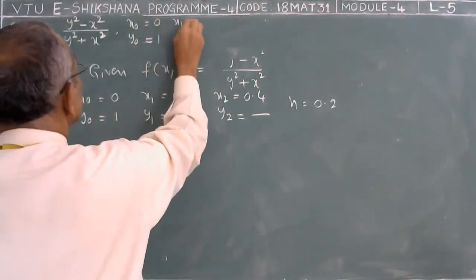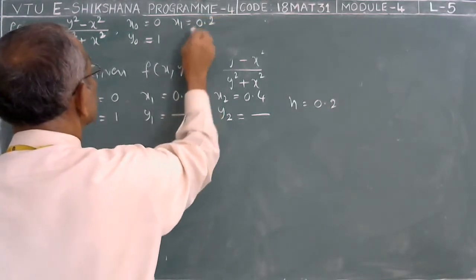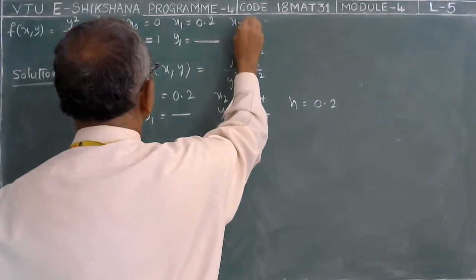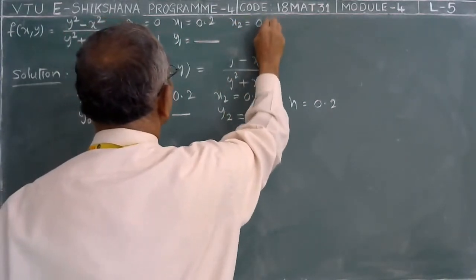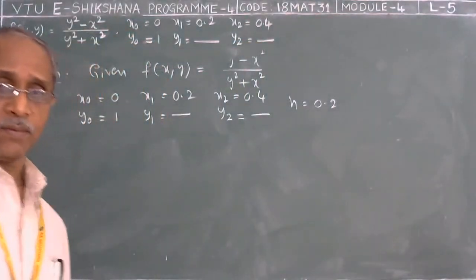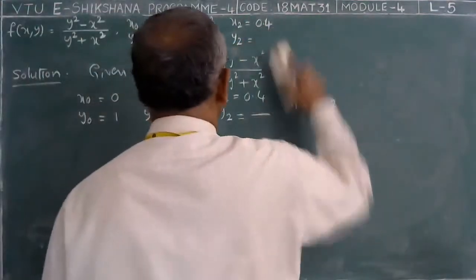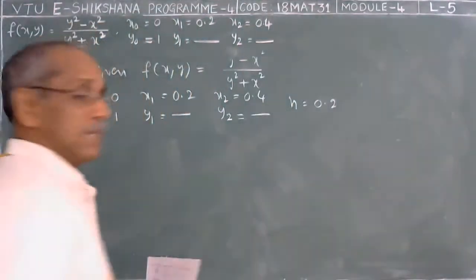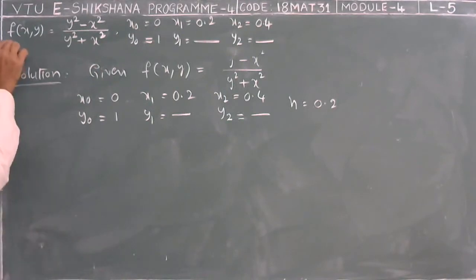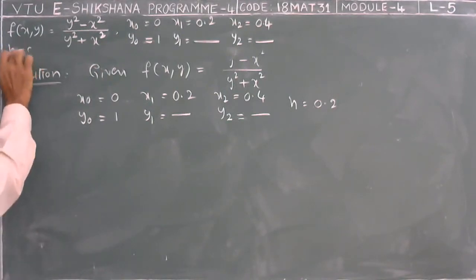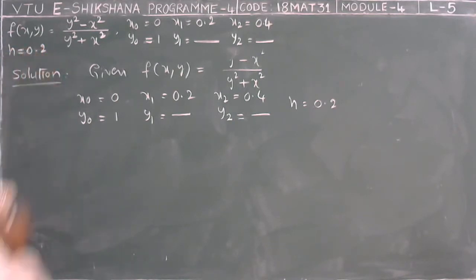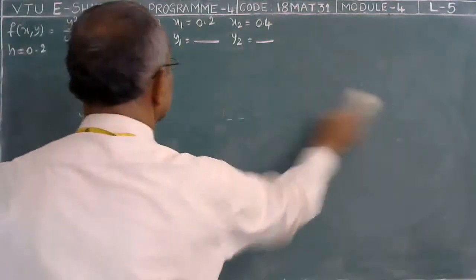Then x1 is 0.2, so y1 we have to calculate. x2 is 0.4 and the corresponding value of y2 we have to calculate. So these are the two blanks I have to fill up using the Runge-Kutta method of fourth order. What is h? h is 0.2.